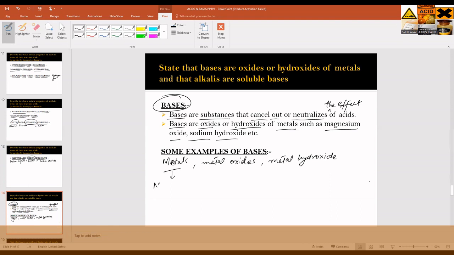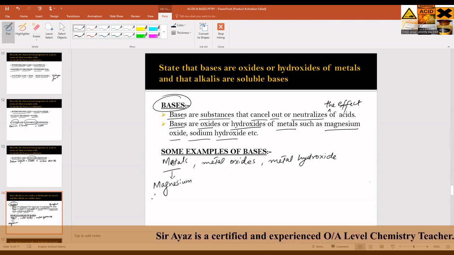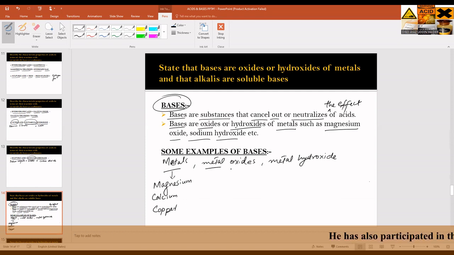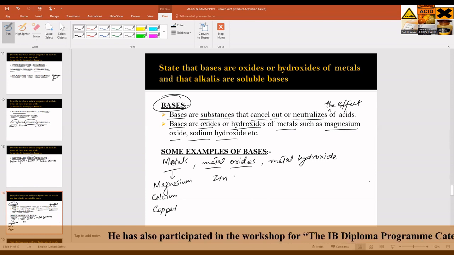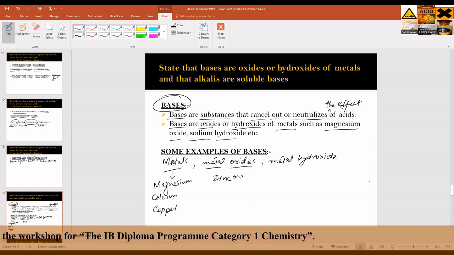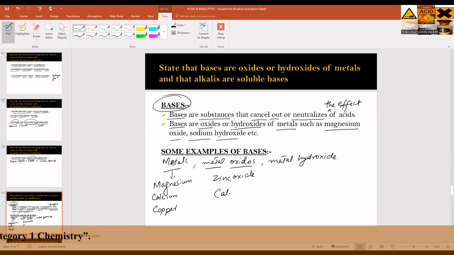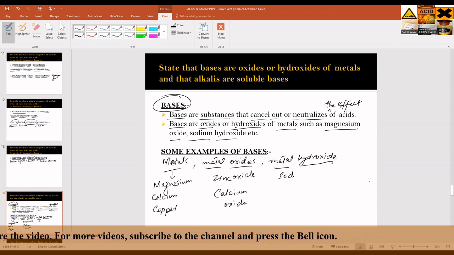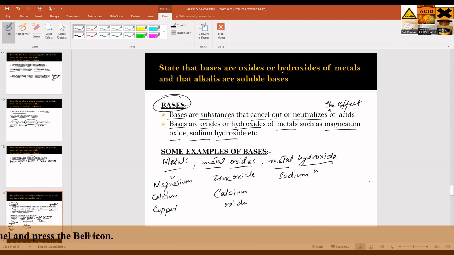I'm writing the name of some metals here: magnesium, calcium, copper. Metal oxide, I'm writing zinc oxide, calcium oxide, etc. For metal hydroxides, we have sodium hydroxide, potassium hydroxide.